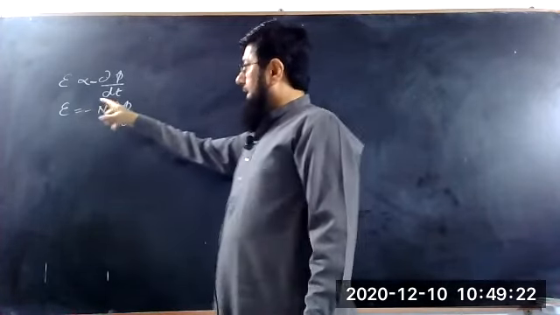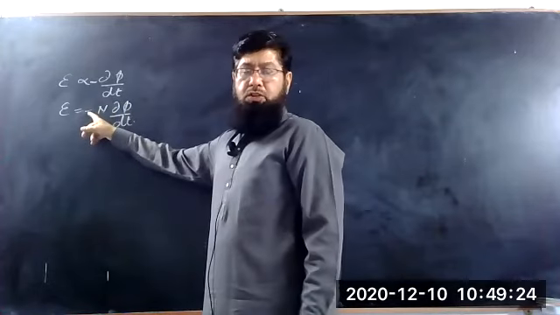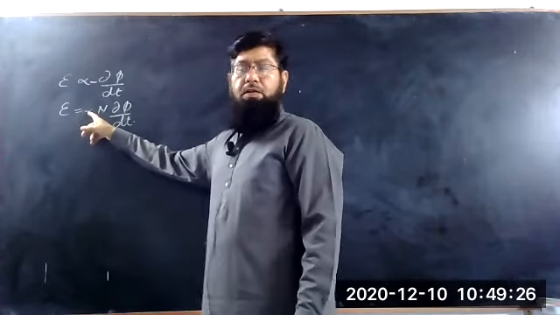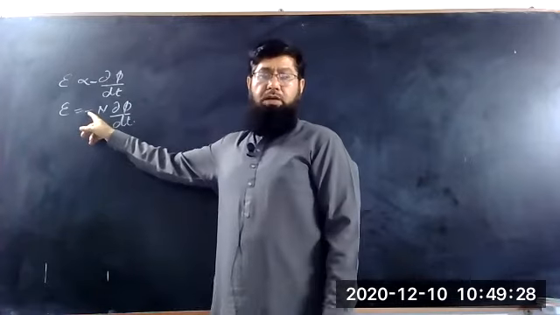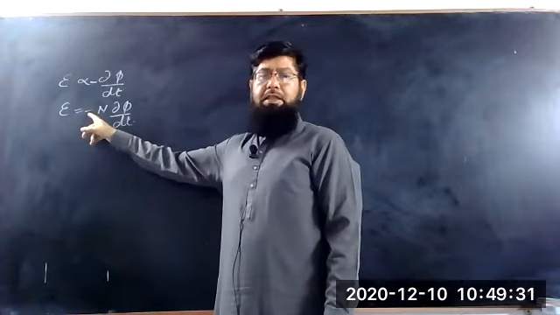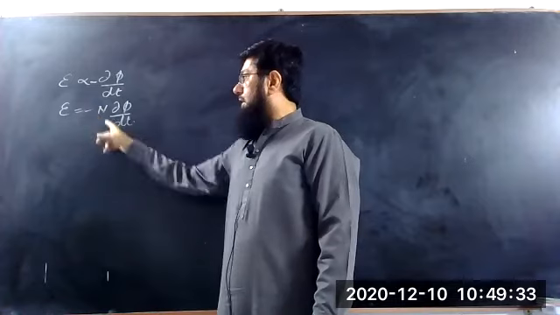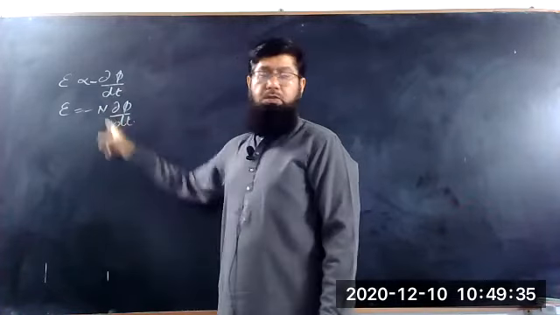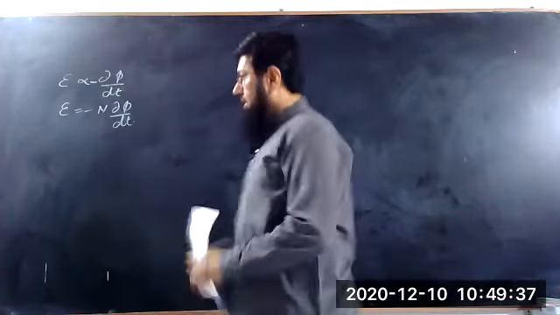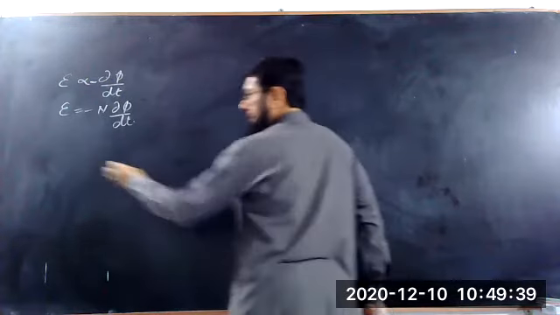This indicates that the induced EMF, which is produced in the coil, will generate its own magnetic field. As a resultant, that magnetic field opposes the cause that is producing it. For example, let's say this is the coil.